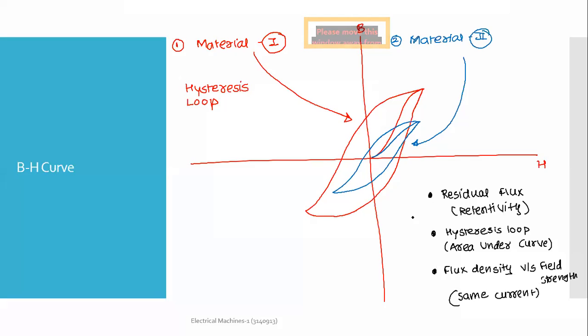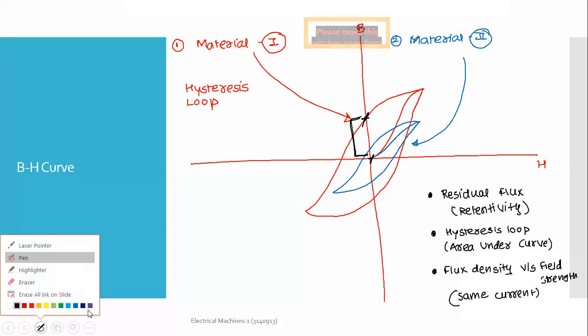Okay, so let me compare these three parameters. Gaurav has correctly addressed all these things. Residual flux: in material one, when it is magnetized for the first time and the magnetic field intensity is brought back to zero, this is the residual flux for material one. This is the magnetic flux set up in the core that it will retain. For material two, the magnetic flux set up in the core is this.